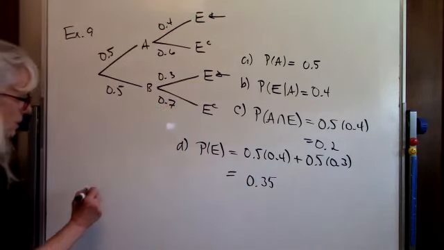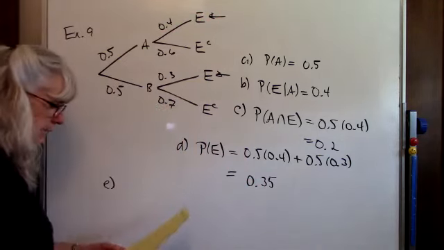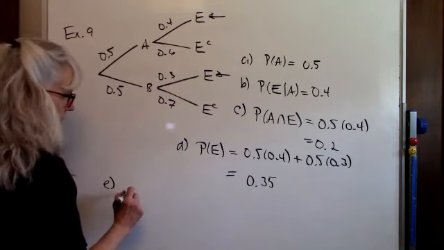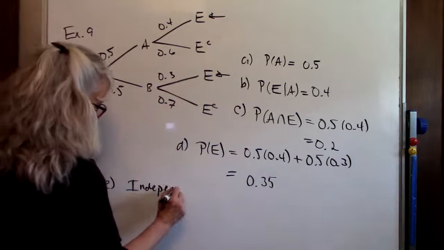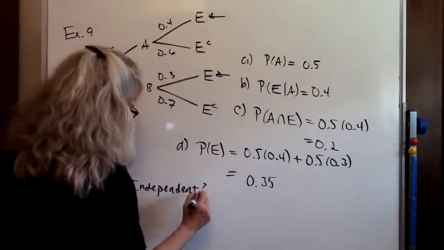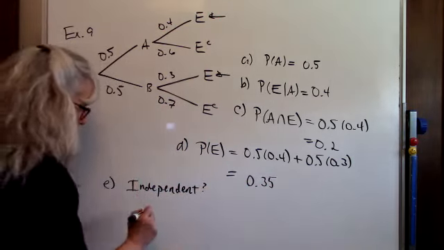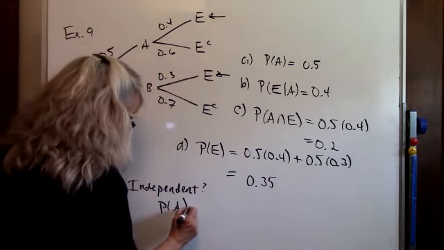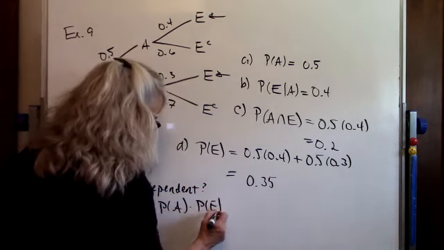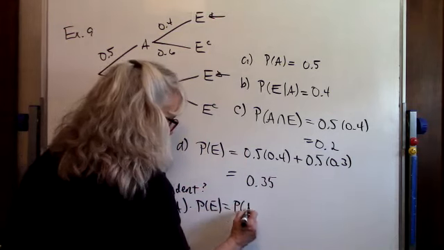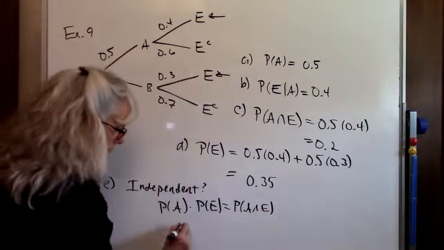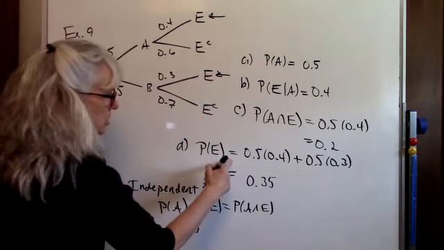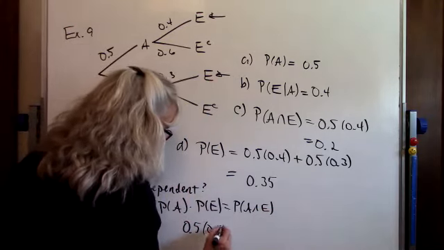And then finally, the last question is asking us whether or not they're independent events. So in order for them to be independent, let's use our test for independence. We're going to take the probability of A and multiply it by the probability of E and see if that's equal to the intersection. Okay, well, A we already know was 0.5. E we just found at 0.35.